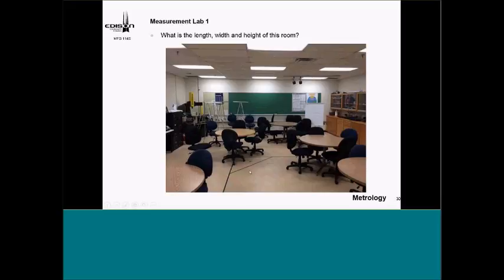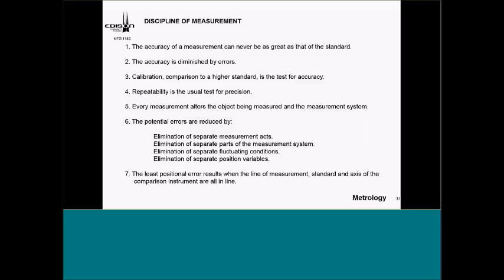You had to move around something, or you really couldn't go from one corner to another corner without something being in the way. Well, we're talking about looking at these errors. We also talk about the least positional error results when the line of measurement, or that standard, or that axis of comparison are all in line. So they're starting to get a little bit of knowledge here, or skill set, in measurement.